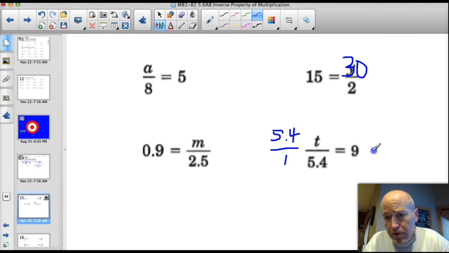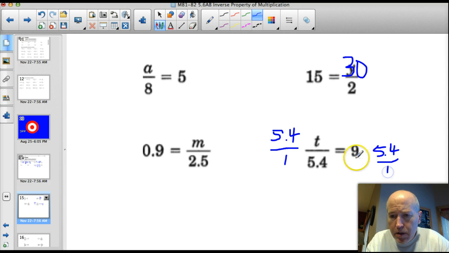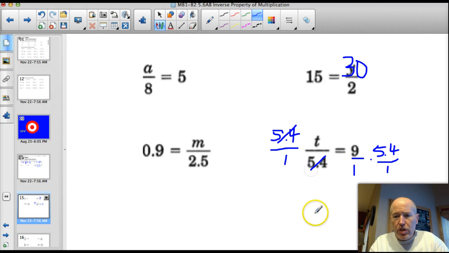So I'm going to take this times 5.4, and I have to make that over 1. And I remember that 9 is just 9 over 1. It just helps me when I'm thinking about multiplying fractions. So these two are going to cross off. This is going to leave me t on this side.